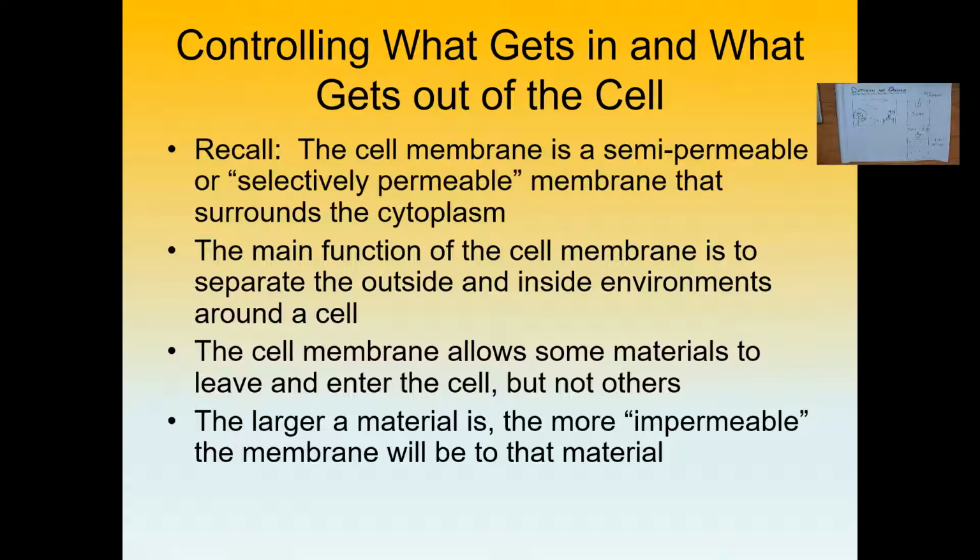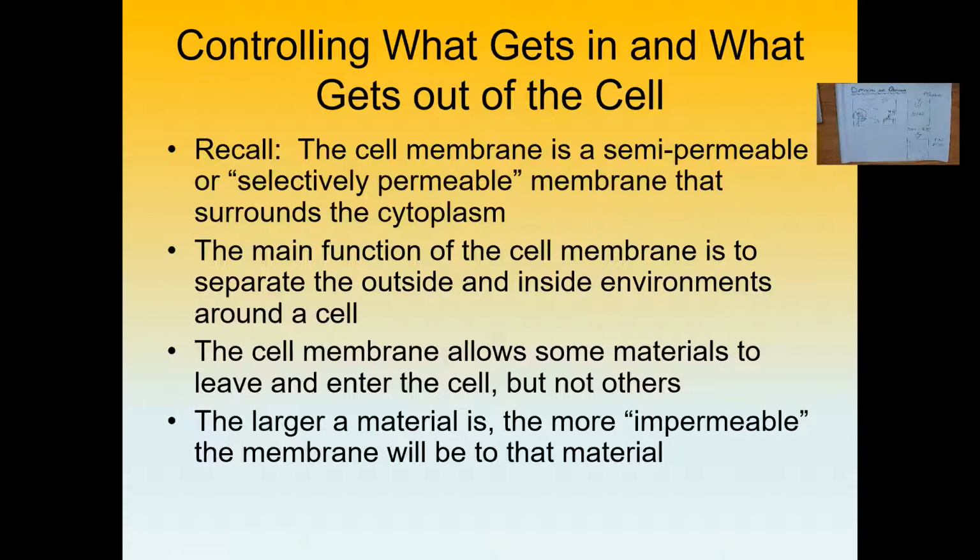And the thing about the cell membrane, we call it selectively permeable. Well, what does that mean? Being a selectively permeable membrane just means that it selects what's allowed to permeate through the membrane.